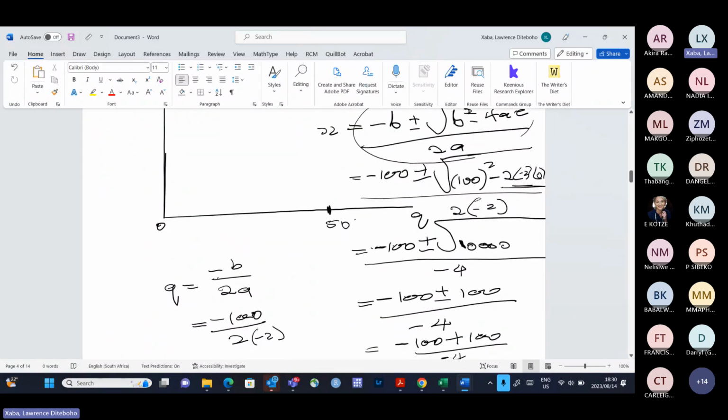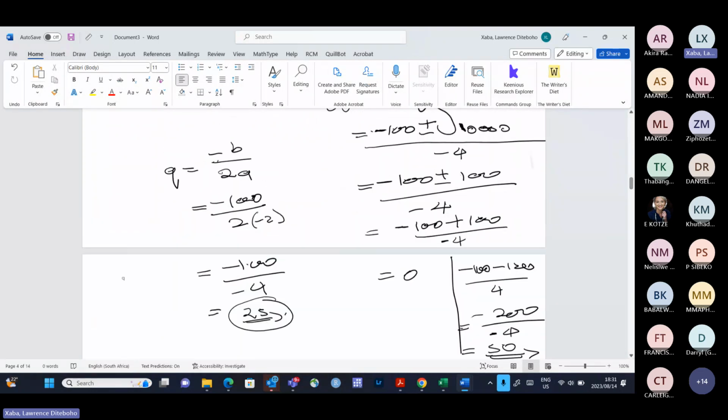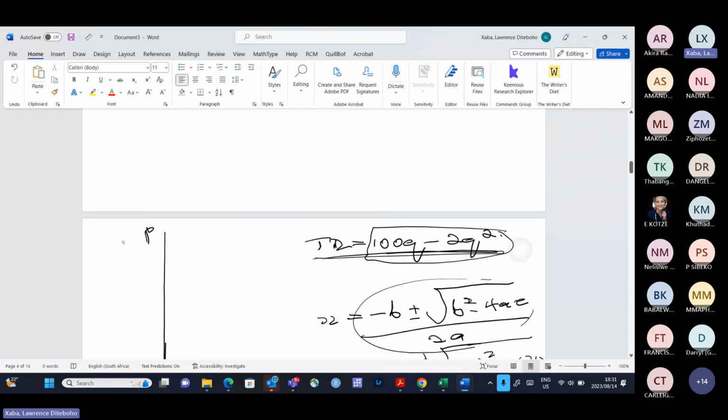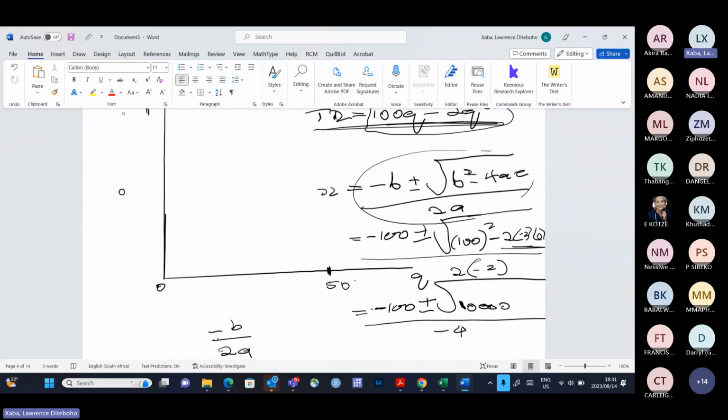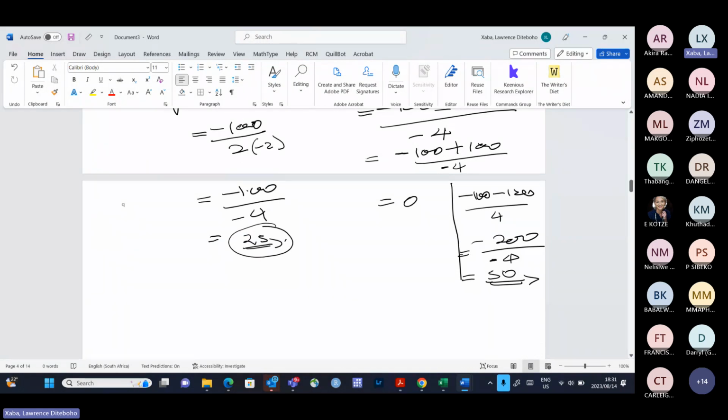We take that value of Q, which is 25, and substitute it into our original problem, which is 100Q minus 2 times Q squared. So TR is equal to 100Q minus 2Q squared.